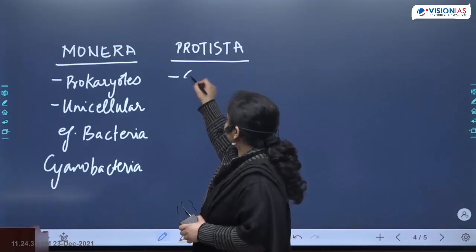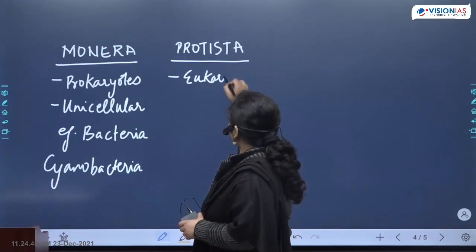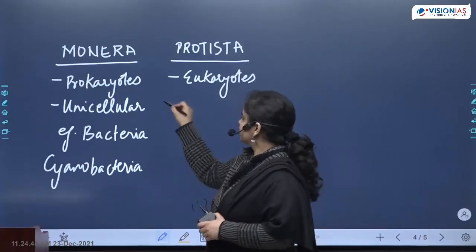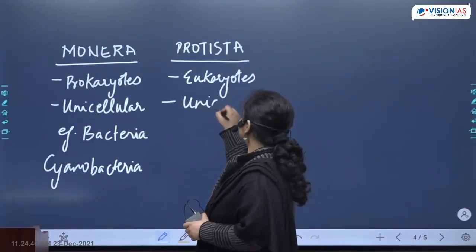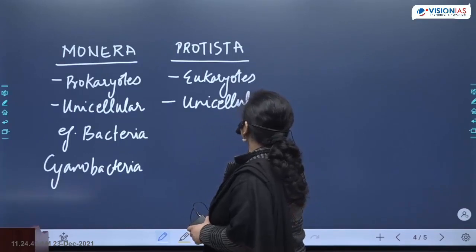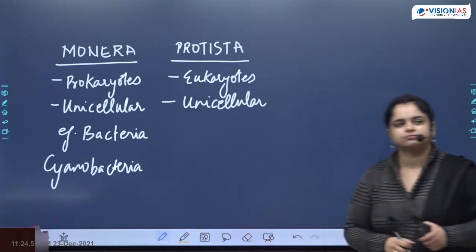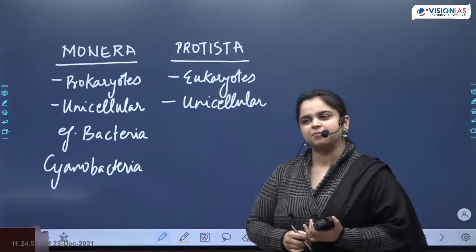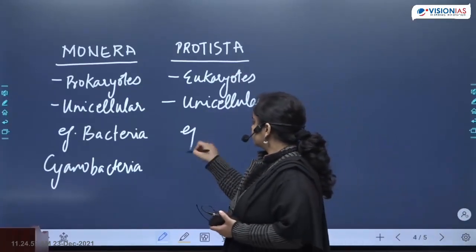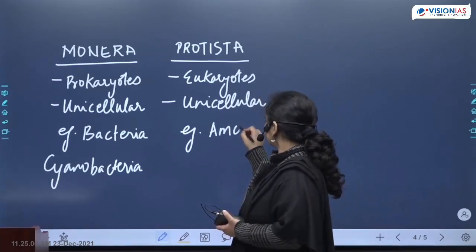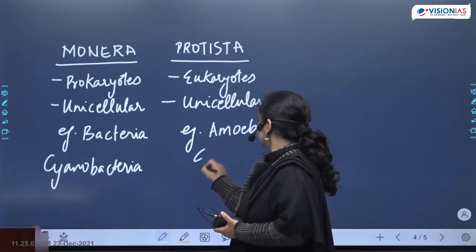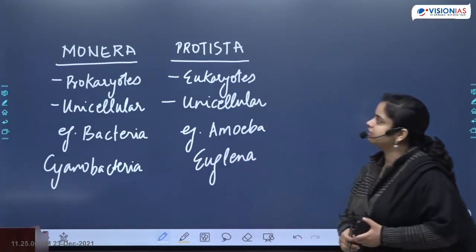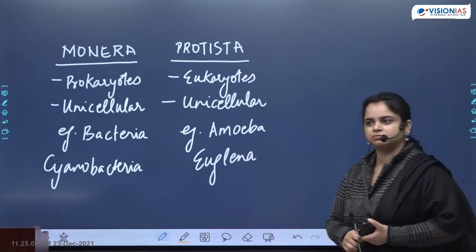After this, we have next kingdom called Protista. In this now we will have eukaryotic organisms, eukaryotes, and eukaryotes which are unicellular. Can you give me an example of this? Amoeba, yes. So, amoeba, euglena, they come under this category of protista.